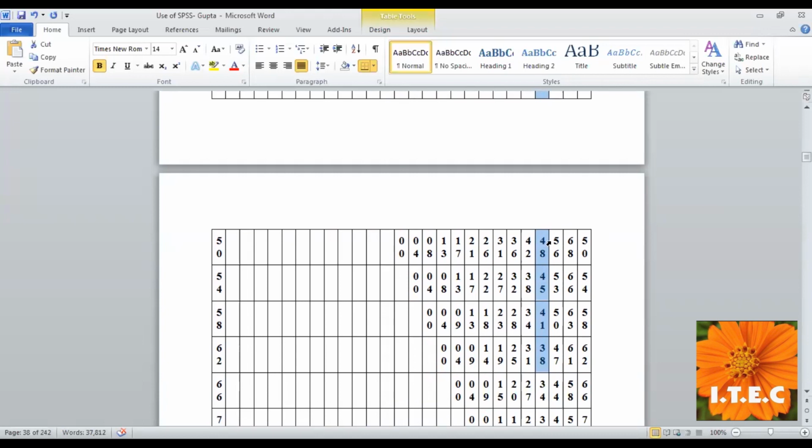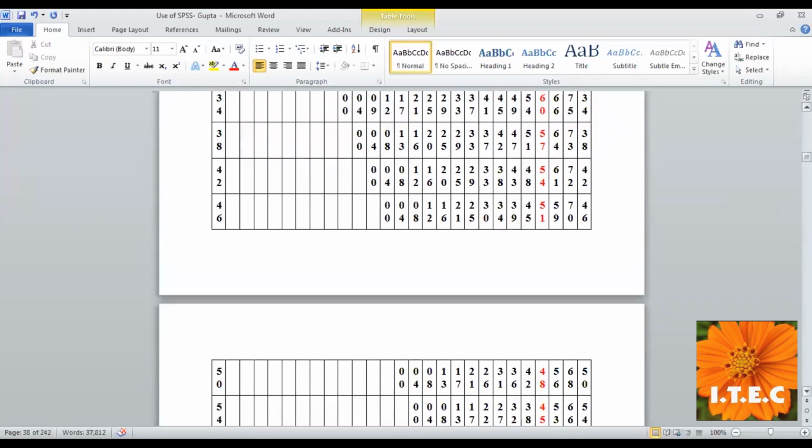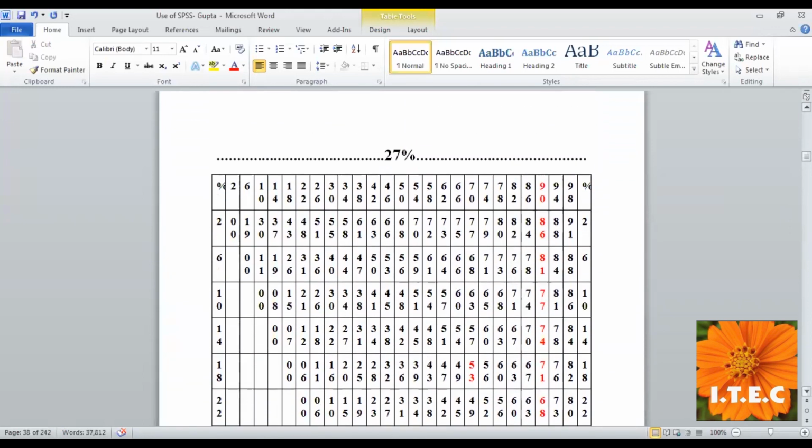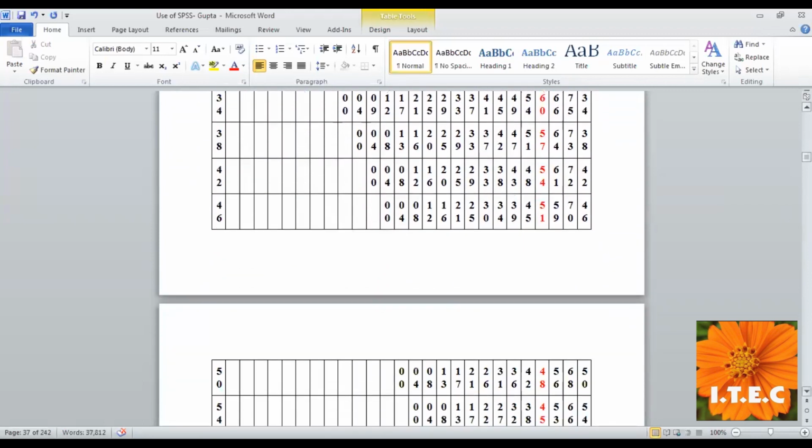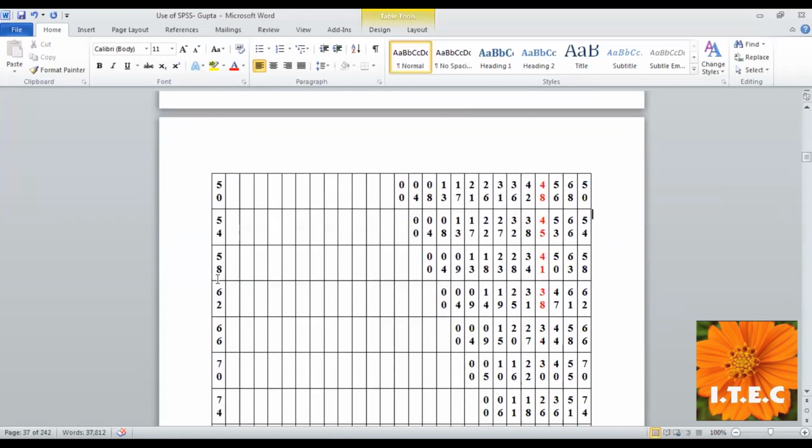So I need to have the values of 58 and 62, because this is the percentage of cases.